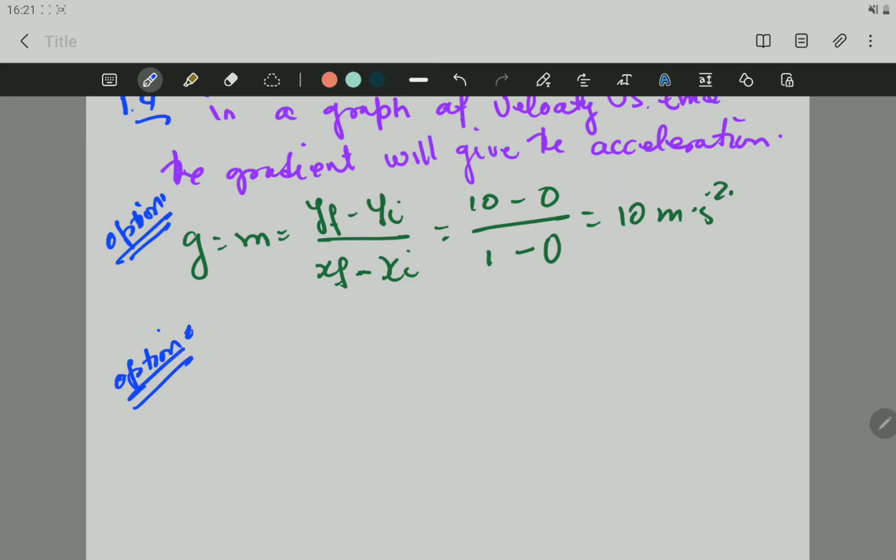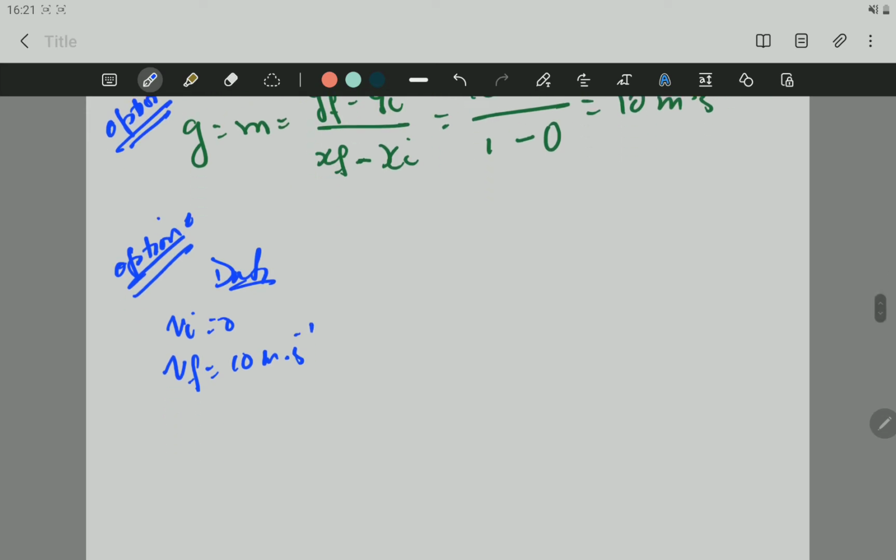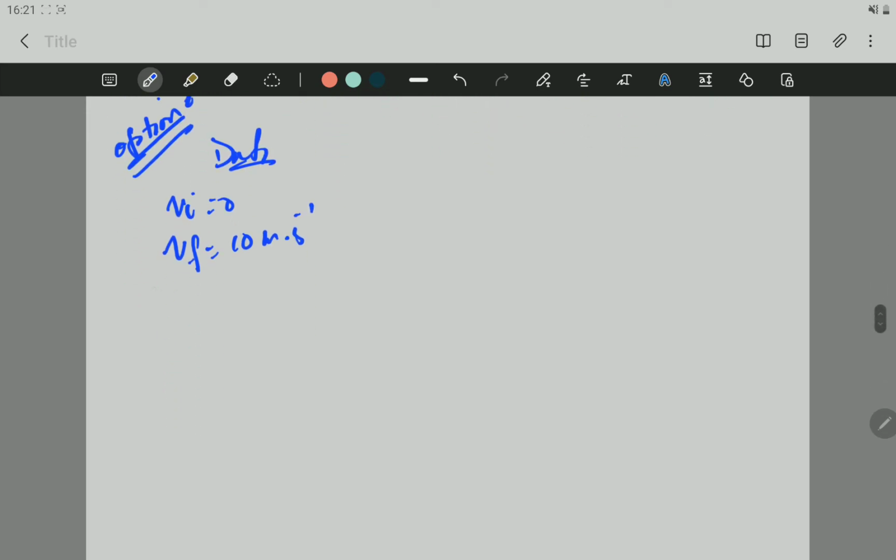Now, option 2 is using the formulas once again. So let's write the data. Again, initial velocity is equal to 0. Final velocity is equal to 10 meters per second. We have the height equal to 5 meters. We have the time equal to 1 second, and we're looking for acceleration.